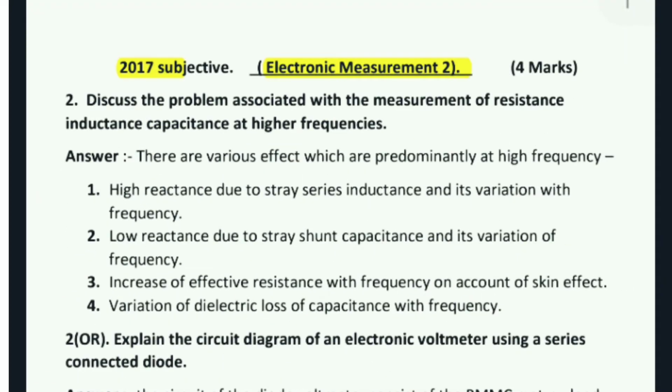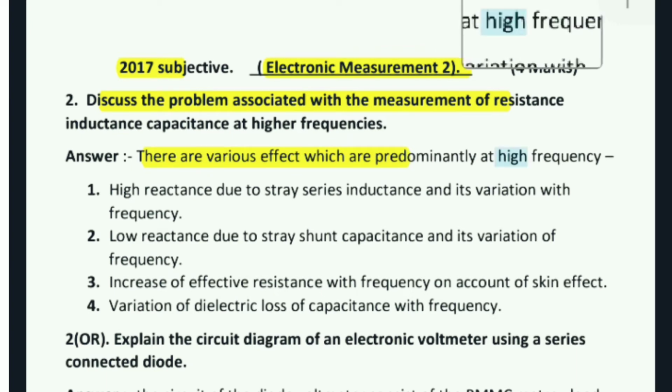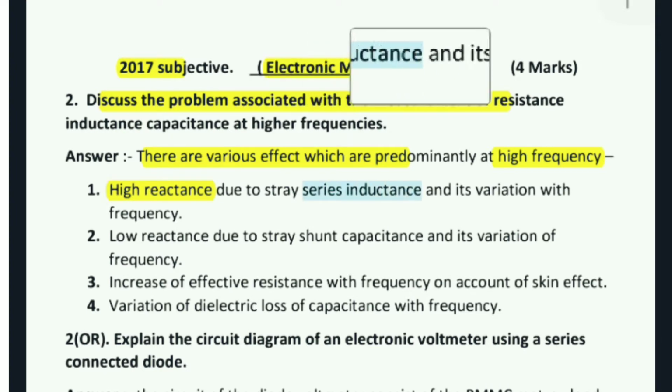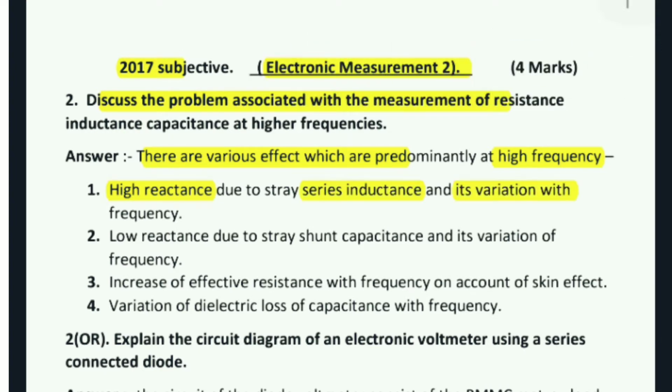The second question is, discuss the problems associated with the measurement of resistance, inductance, and capacitance at higher frequency. The answer is, there are various effects which are predominant at higher frequency. The first effect is high reactance due to stray series resistance and its variation with frequency.